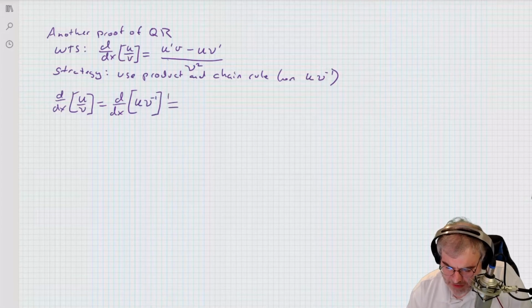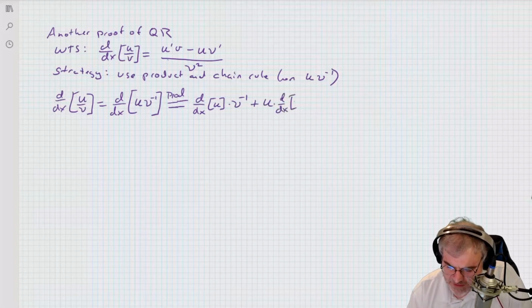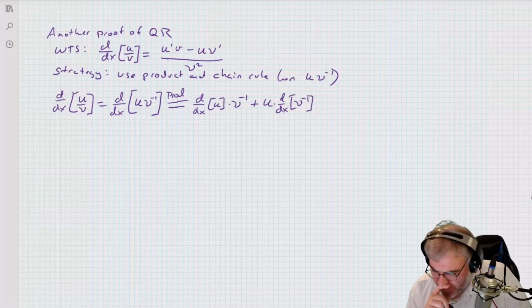And now I apply the product rule, and I take the derivative of the first, d over dx of u, times v to the negative 1, plus u times d over dx of v to the negative 1. Now, note I've got a little chain in here going.